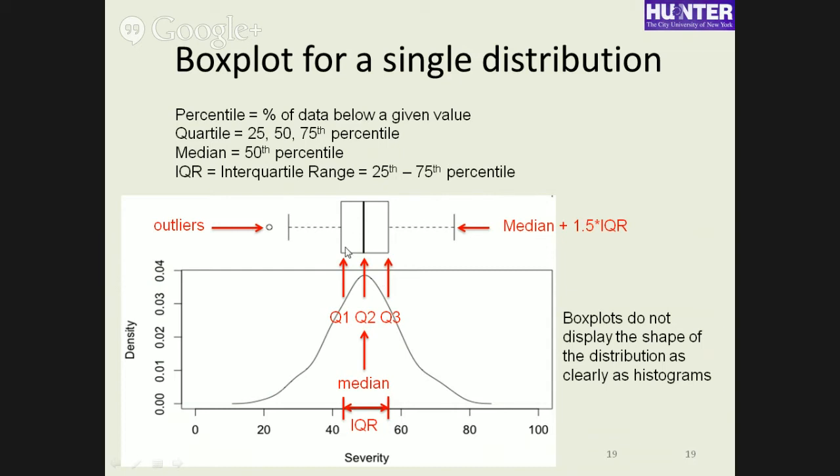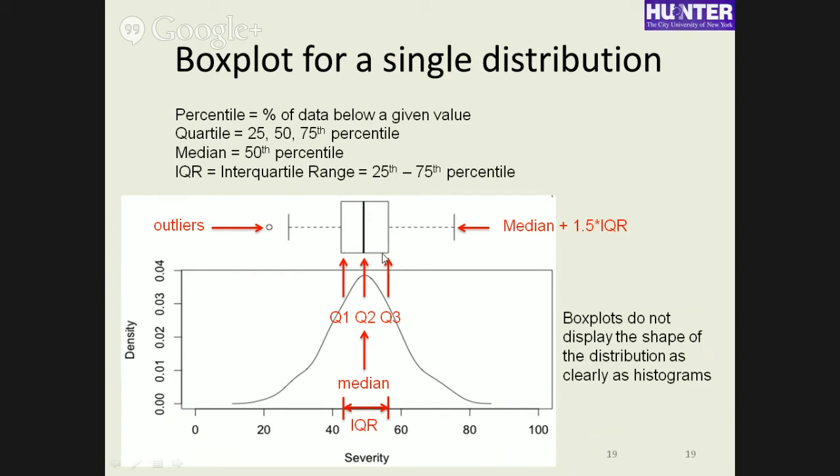The first quartile means that 25%, or a quarter, of the observations of severity of something, in this case of pain, fall below that. And the third quartile is where 75% of the observations fall below it, and 25% would fall above it.